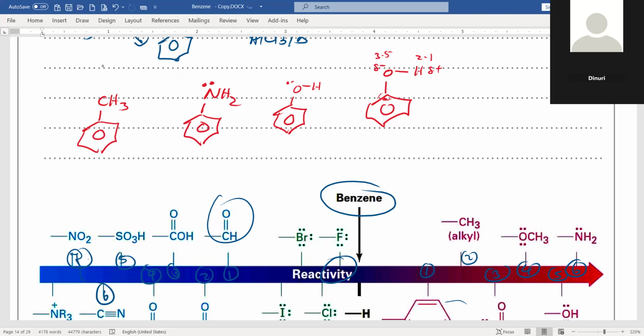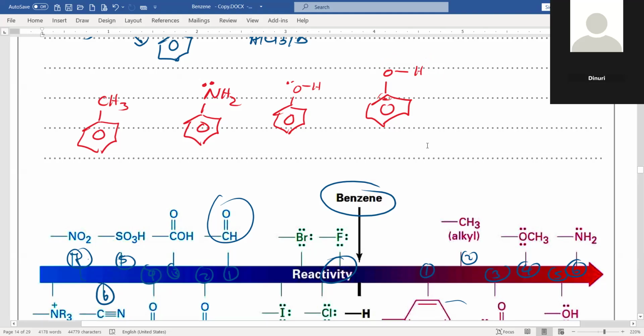So that delta minus will direct the next coming group to the ortho or para position. So it is an ortho para director. Just polarize the bond and check whether the directly attached atom gets a partial negative charge, right? And so it will be like this.